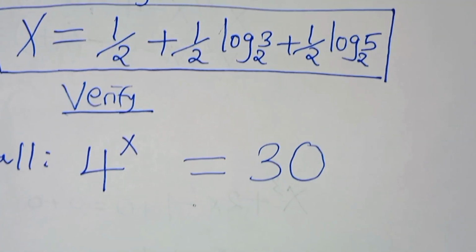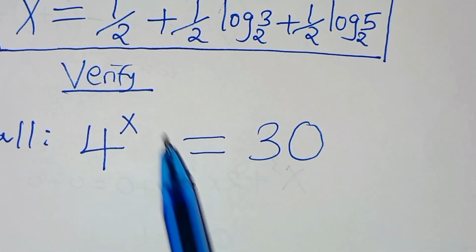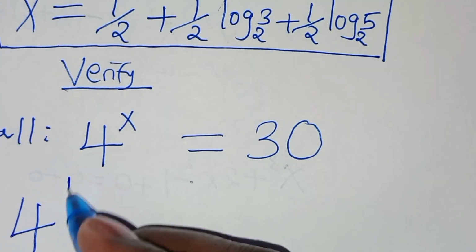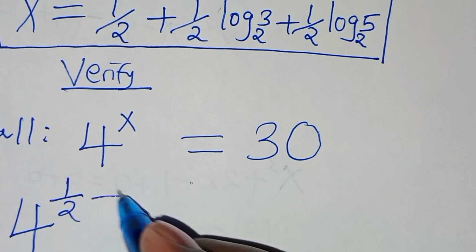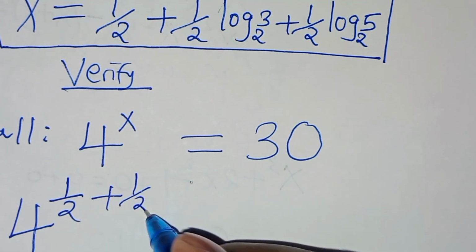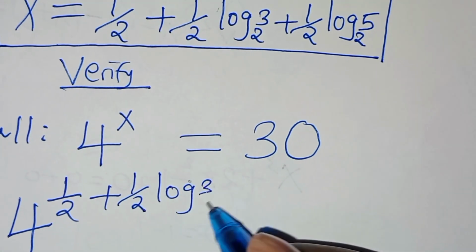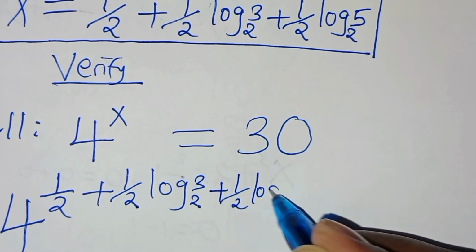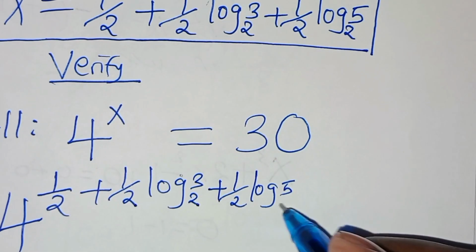So let's substitute the value of x. This is 4 to power a half plus a half log 3 to base 2, plus a half log 5 to base 2.